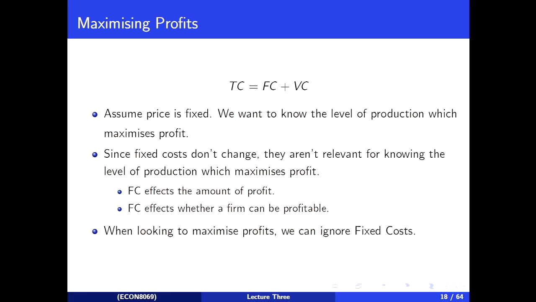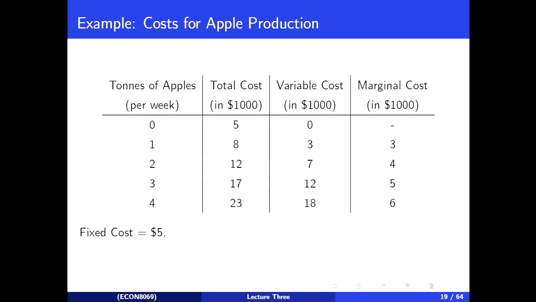It's going to be very important for whether I want to open the factory at all. But if I'm going to open the factory, whether it costs $10 million or $20 million doesn't affect at all how much I'm going to produce once the factory is open. We can talk about sunk costs to a certain extent, but it's not going to affect how much I produce once I've built the factory. Once I've built the factory, the fixed costs are done. Because they don't change, they're not relevant for knowing the level of production which maximizes profit.